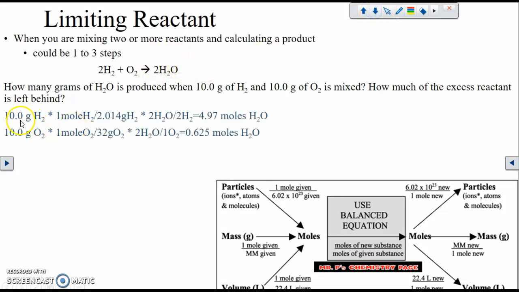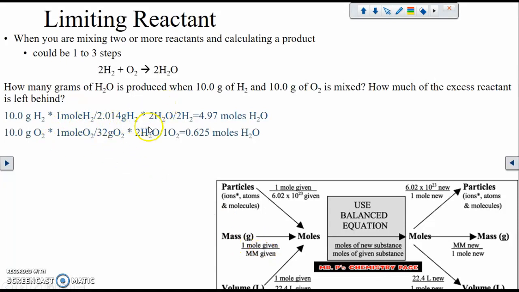If we set this up, it's grams to moles, which means we're going to be using the balanced equation once for each one of them. Take 10 grams of hydrogen and convert that into moles, using the ratio of 1 mole over the molar mass. Then 10 grams of oxygen, again with the mole to molar mass ratio for oxygen.